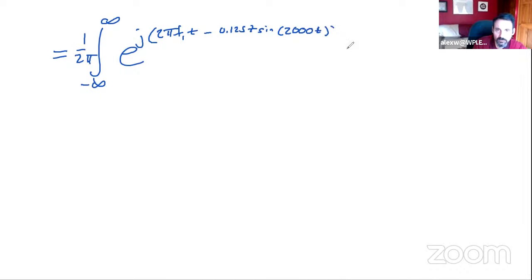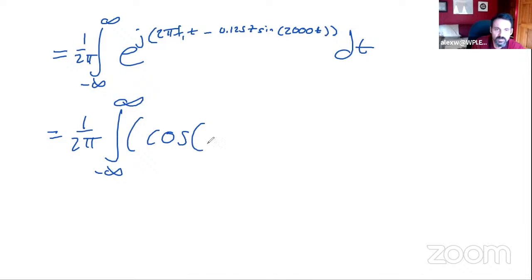That looks like a t, right? And then dt, right? So you have that, right? And then it's like, well, if we used Euler, all this would be is this.